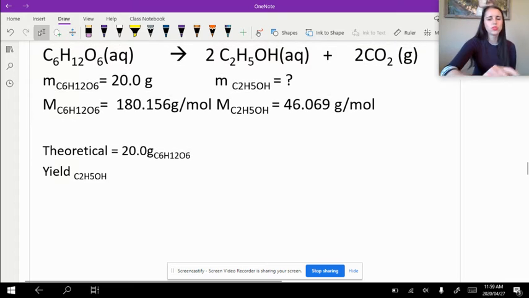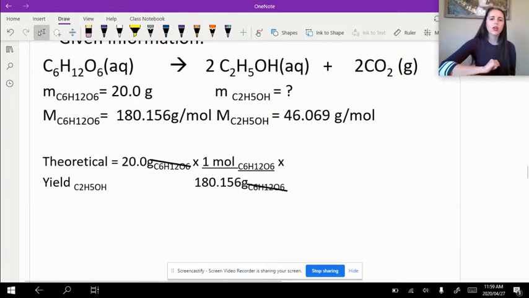So we are going to start with the first piece of information we were given, and that is our 20 grams of glucose. We have a couple different things that we want to cancel out here. One of the first things is, since grams of glucose is not in the value we're looking for, we want to get rid of that unit.